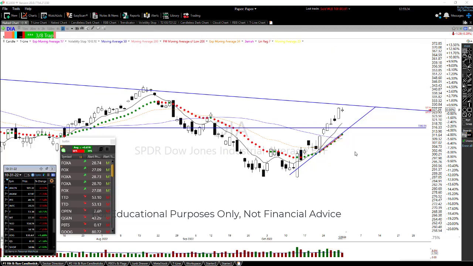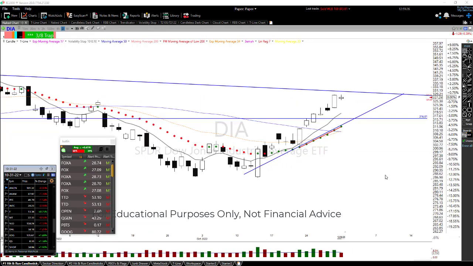So if we trade something like the 3/8 trap, and it's on the scanner, then we're always going to be trading charts that have risen and pulled back.